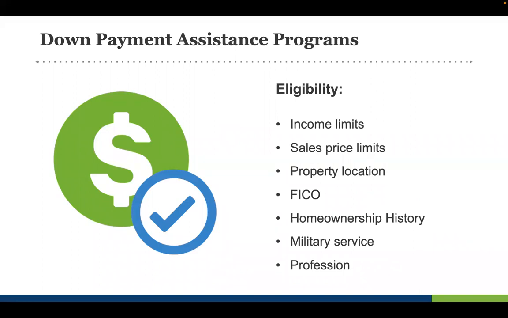Then, of course, location is a critical factor in determining one's availability or eligibility for down payment assistance. So for those of you who are real estate agents, if you are a member of one of our MLS partners, then you will see this down payment button, the $ with the check mark. You will see that on eligible listings inside your MLS. We'll put up a list of our MLS partners here shortly. But if you see that button on a listing, it means that property is eligible for down payment help based on location and price and essentially property type.